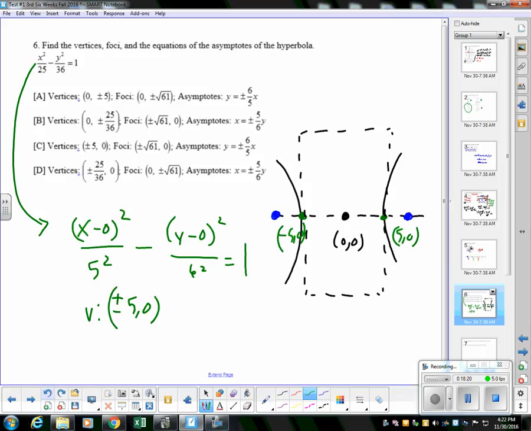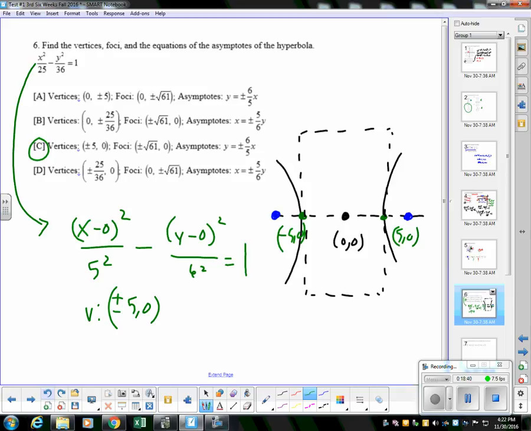That rules out everything but answer choice C. So if you feel comfortable about what you're doing, you can stop right here and move on to the next problem, because there's only one choice that has plus or minus 5, 0 as the vertices.